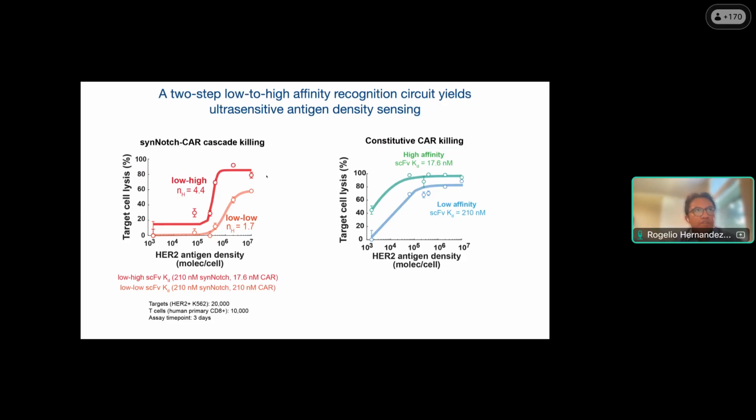And hopefully you can see how these synthetic notch CAR T cells have the sigmoidal response that we were looking for. And this is a very different response from what you will find if you only try to modulate the affinity of the CAR when it's expressed all the time on the surface of these T cells.